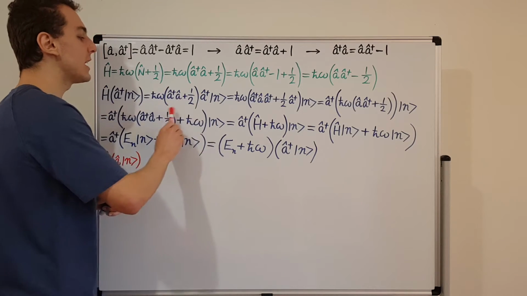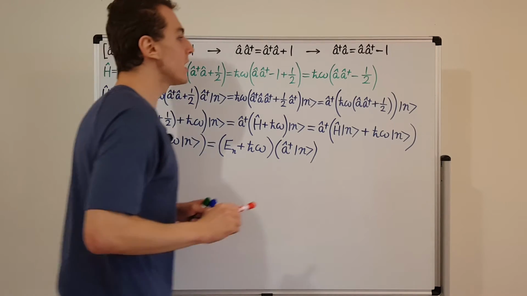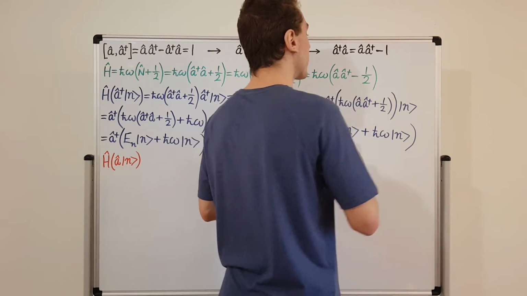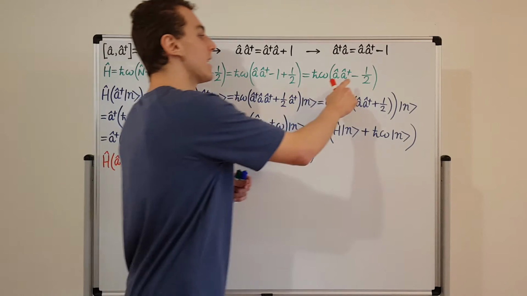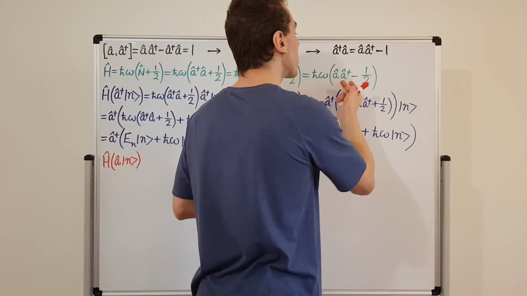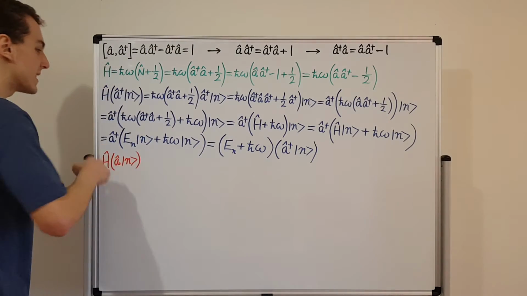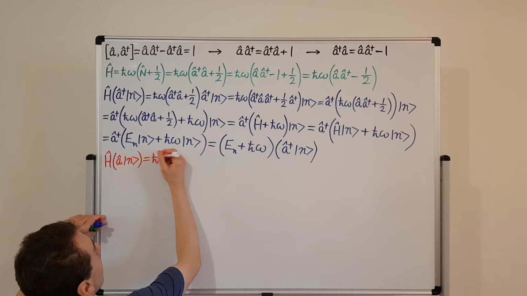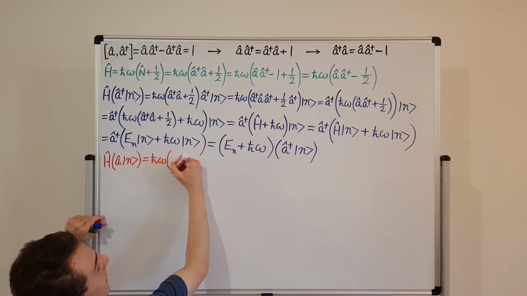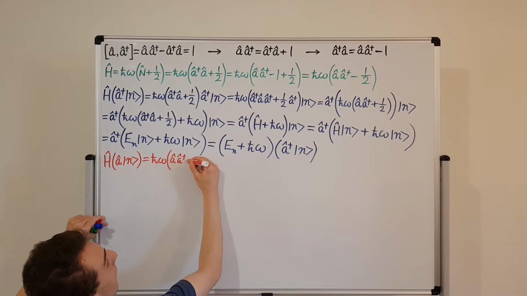This form of the Hamiltonian is not going to be convenient with the plus sign. What we want is the Hamiltonian with this minus sign. So we're going to write the Hamiltonian with the order of these ladder operators swapped, and we need a minus sign over here when we swap the order of the ladder operators. So let's write this Hamiltonian operator as equal to h bar omega times (A dagger A minus 1/2).